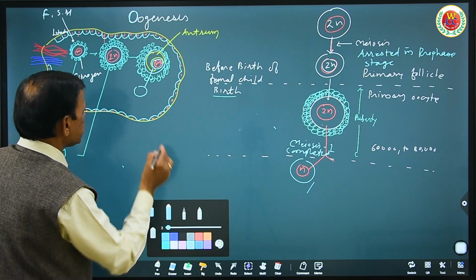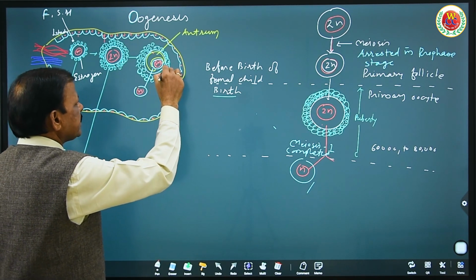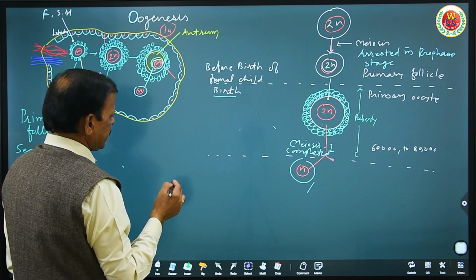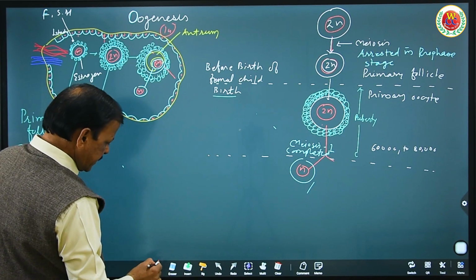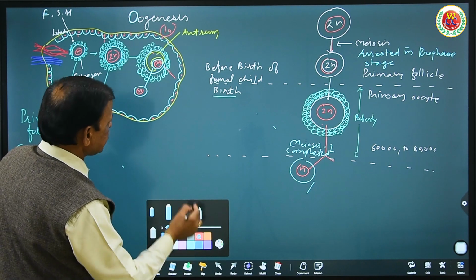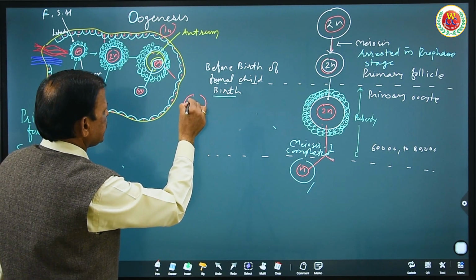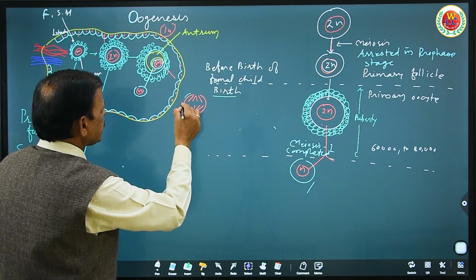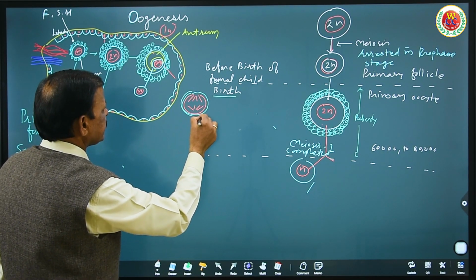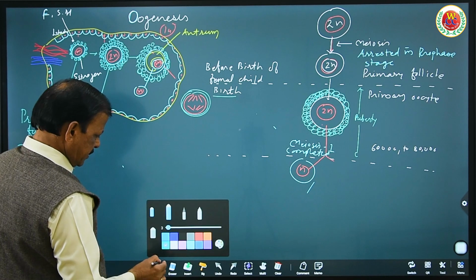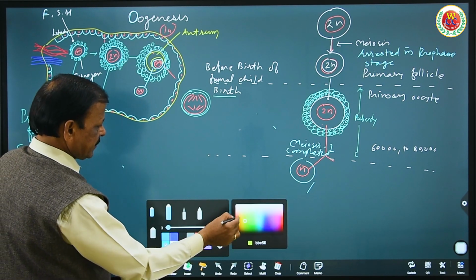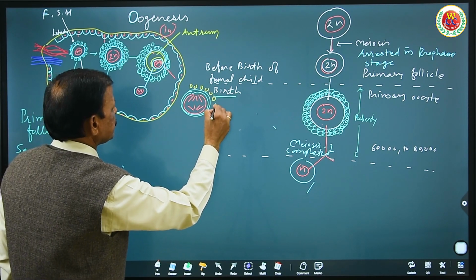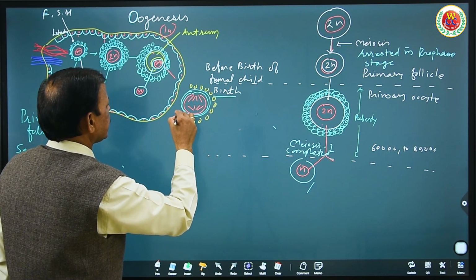It is non-functional, but on 14th day of that cycle, the secondary oocyte arrested in metaphase stage, with zona pellucida around it and corona radiata, that are the cells which are present all around it.